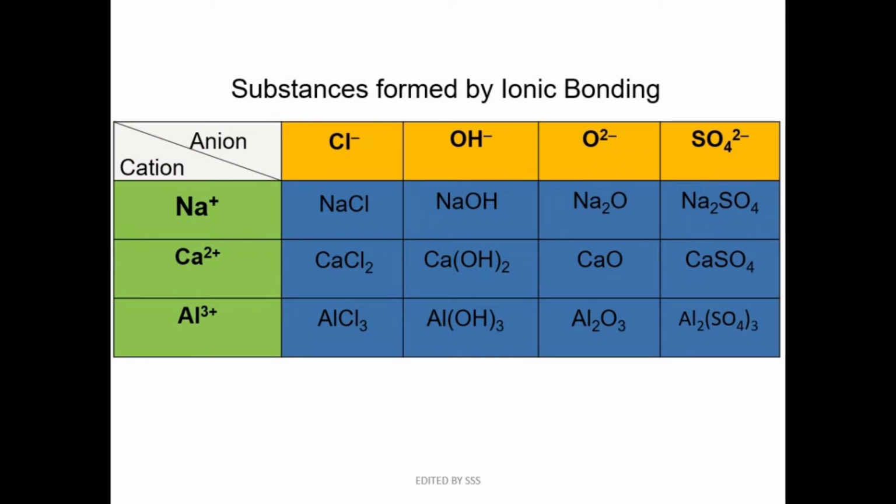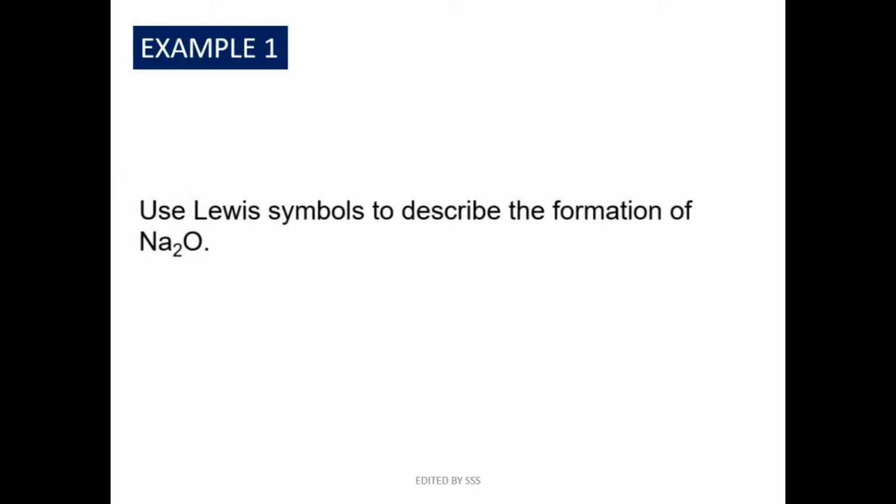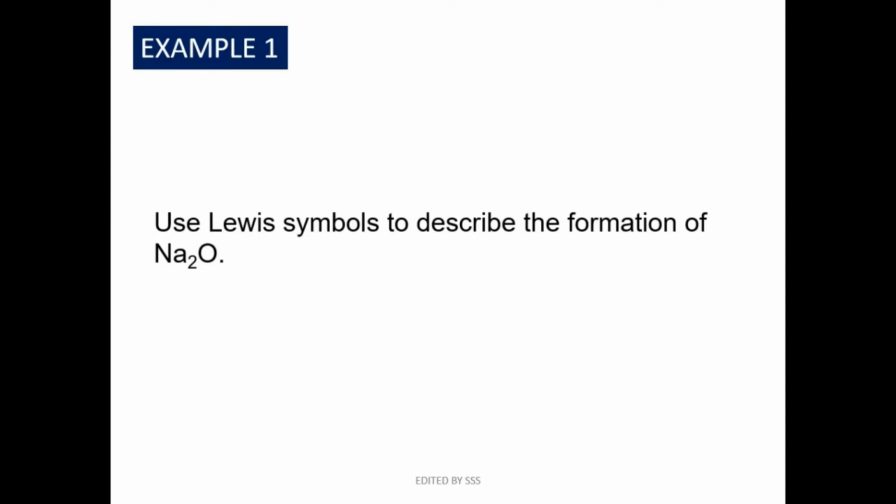This table shows a few of substances that form by ionic bonding. Now let me explain more about the formations of ionic bond. Use Lewis symbols to describe the formations of sodium oxide.